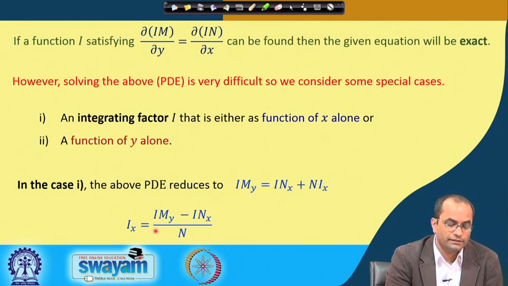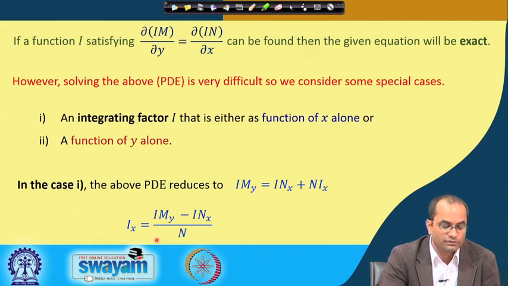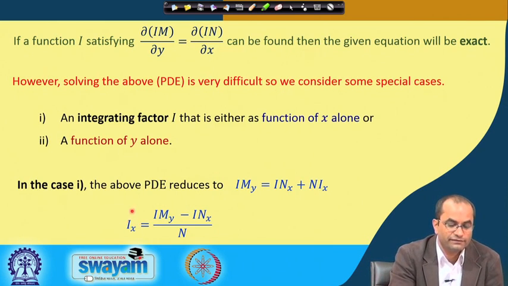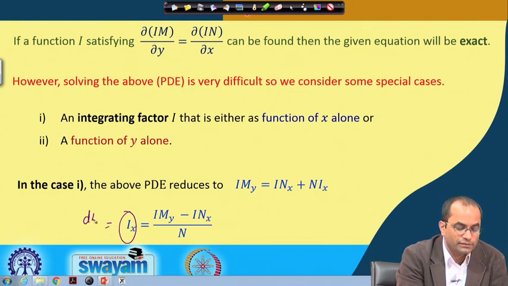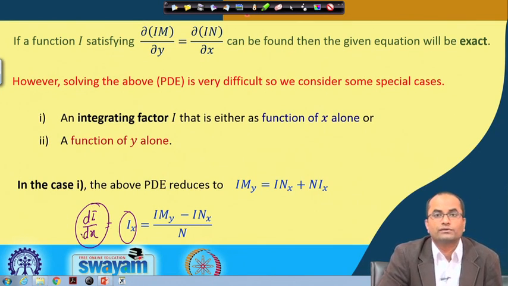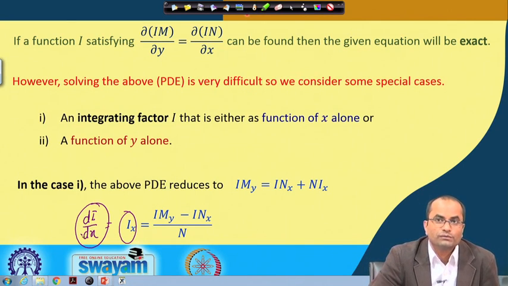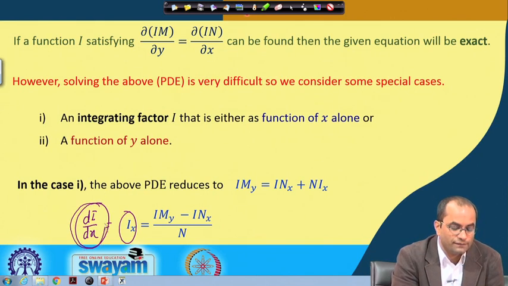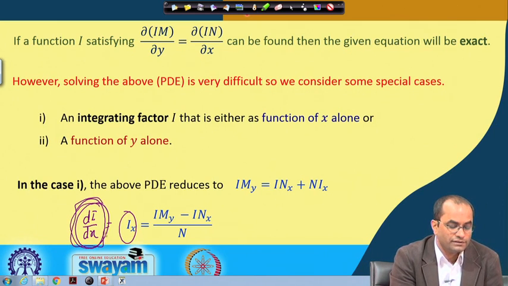The right hand side, if this is not a function of x, then we cannot solve, because we will get an inconsistency. The left hand side, because we have assumed that I is a function of x alone, is nothing but the ordinary derivative dI/dx, and this is a function of x. So, the right hand side should be a function of x, at least to proceed from here to solve this differential equation for I. Yeah, so this is an ordinary differential equation for I.